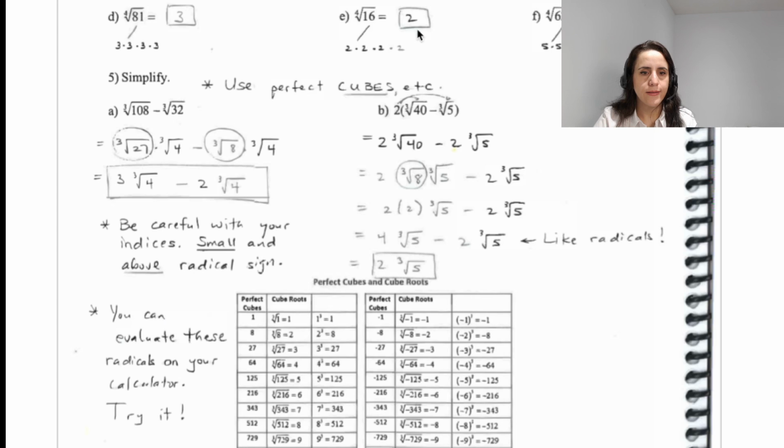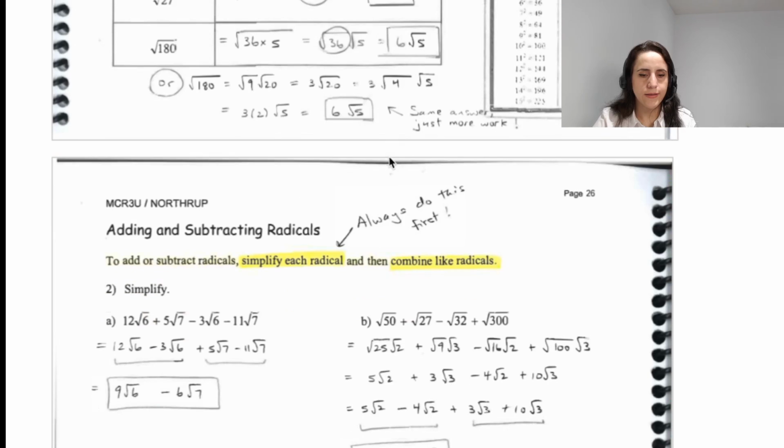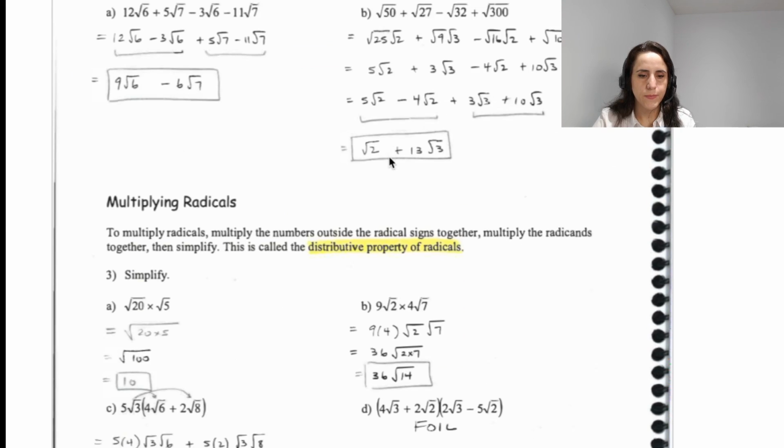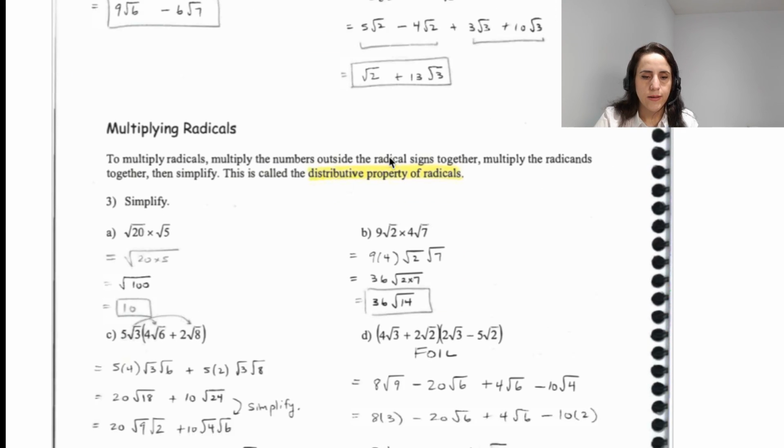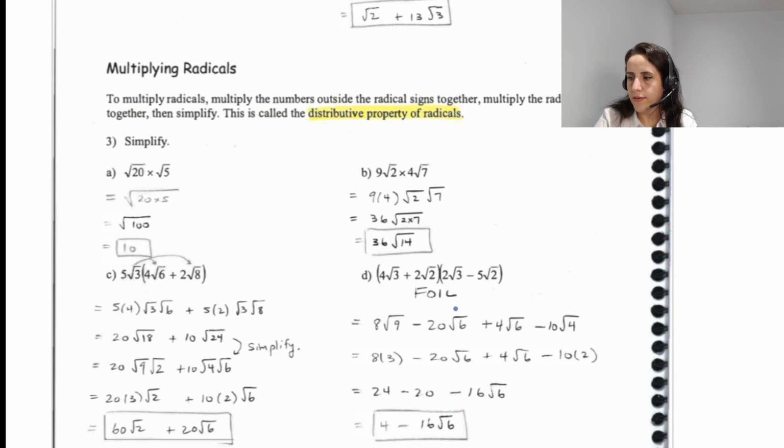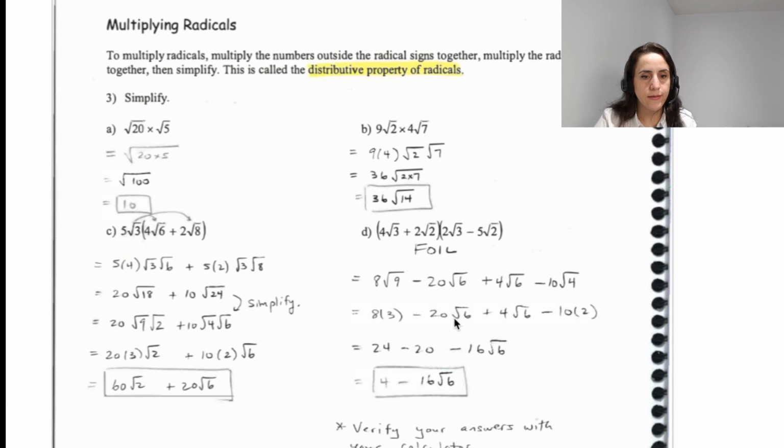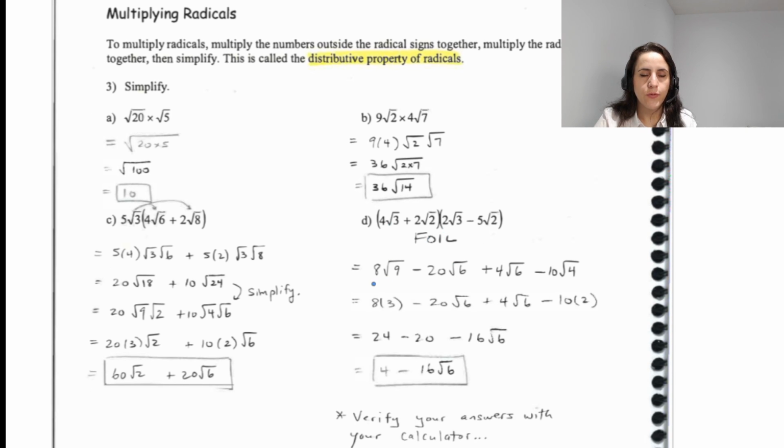Okay, let's see if you did it correctly. Yeah, you had to use the FOIL method. 4 times 2, 8, radical 3 times radical 3, radical 9, 4 times negative 5, negative 20, radical 3 times radical 2, radical 6, 2 times 2, 4 radical 6, and 2 times this one, negative 10, radical 4.